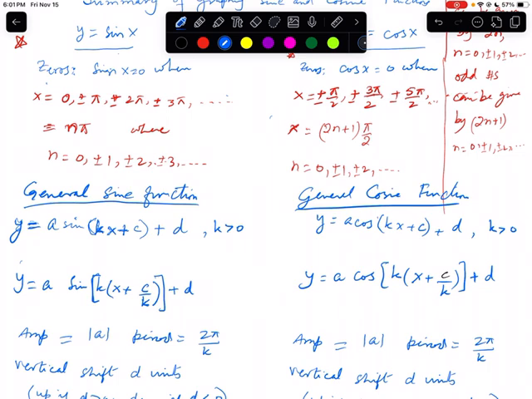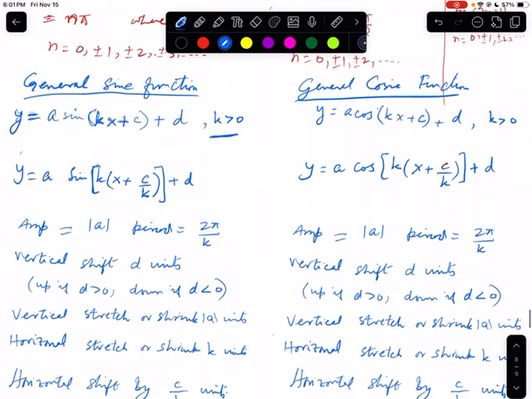Now k is positive, that is for sure. We have taken k to be greater than 0. Then if c is positive, it will be c over k units to the left, and if c is negative, then we will have c over k units to the right.